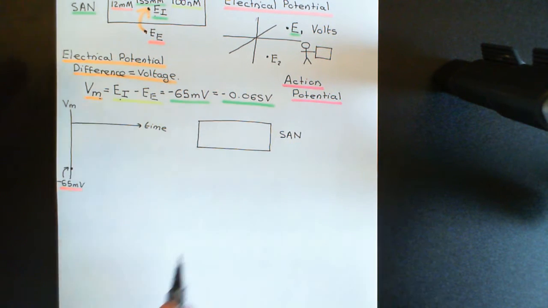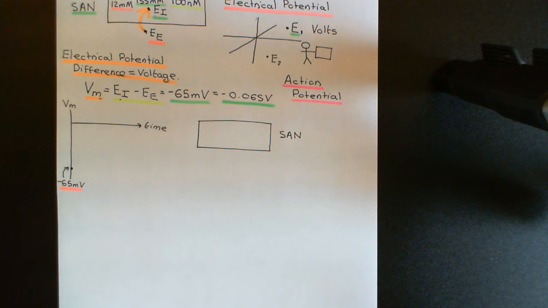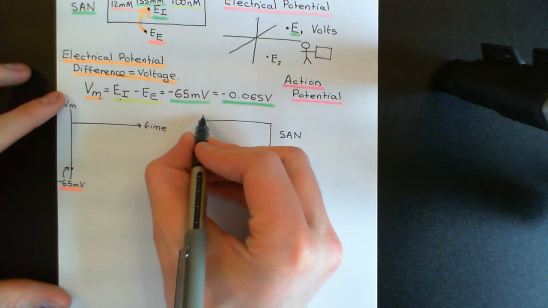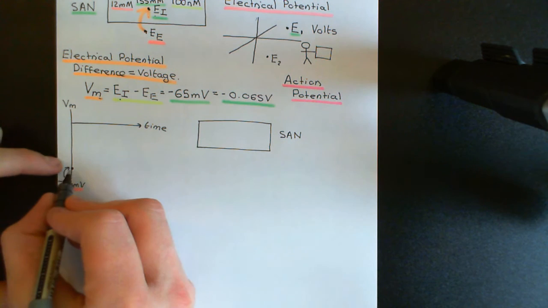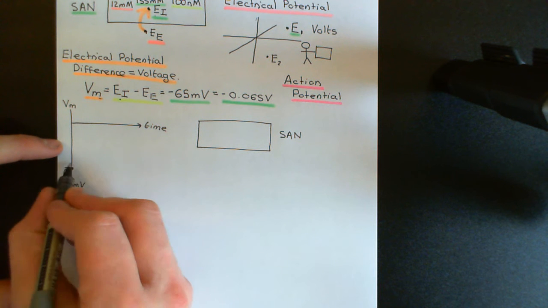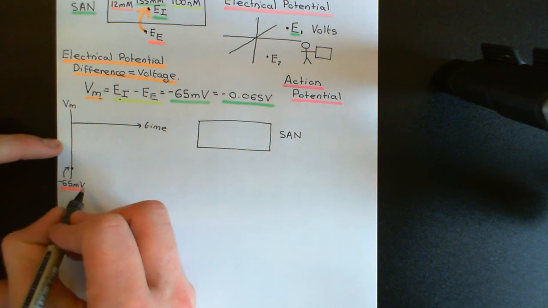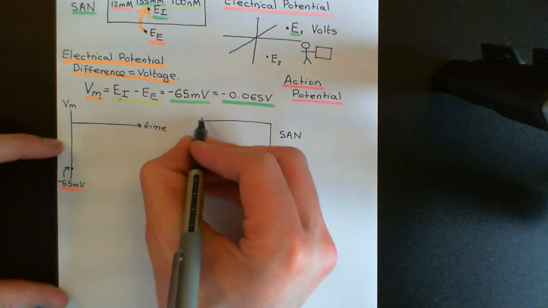The incredible thing that sinoatrial node cells have, which causes the pacemaker activity, which causes them to automatically generate changes in the electrical potential difference across their cell membrane every 0.8 seconds, is that they have a channel that opens when the electrical potential difference across the cell membrane is quite negative, for instance, at around negative 65 millivolts.